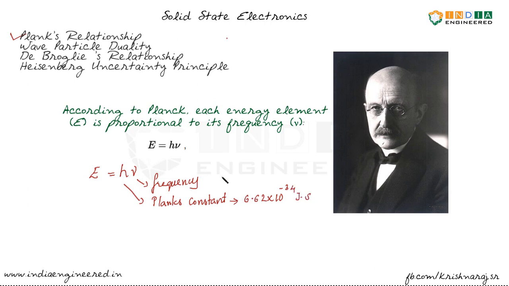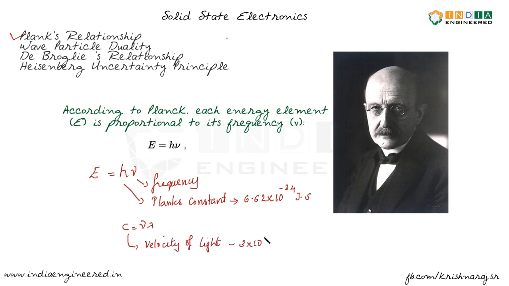Now you might be familiar with the relationship between frequency and wavelength, that is c is equal to nu lambda, where c is the velocity of light in vacuum, 3 into 10 power 8 meters per second, and lambda is the wavelength.